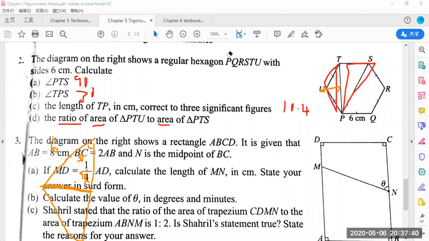So now we find the length for this one. Here is O, here is H. So we use sine 30 equal to O over H. We need to find the O. H is 6, so O equal to 6 multiply sine 30. It's equal to 3 cm. So we know that this one is 3 cm.